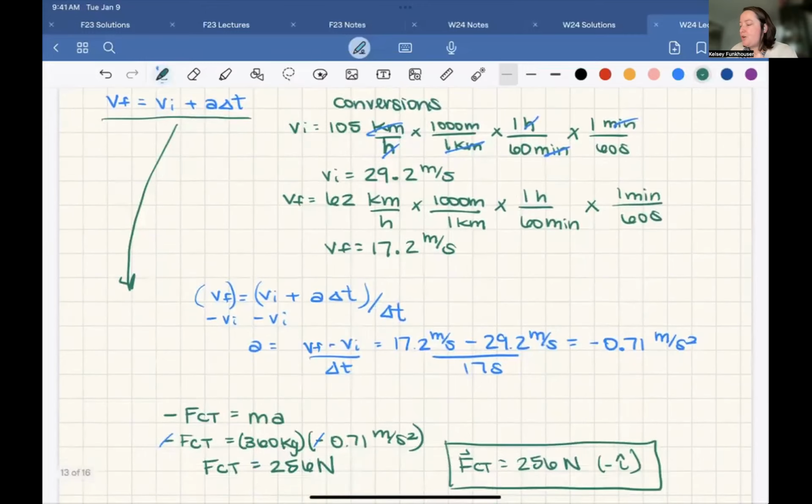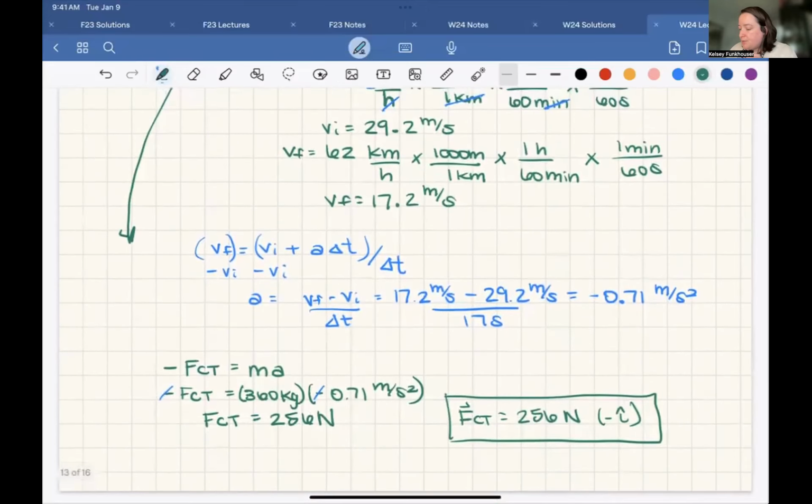And remember, you just structure your conversions so that you cancel out the units you don't want. Then we went back to our kinematics equation where we did some algebra to get an equation for acceleration. So v final minus v initial over delta t, and that gave us an acceleration of negative 0.71 meters per second squared. And then finally, we can plug that back into our force equation to find the force, which is 256 newtons in the negative x direction or negative i hat direction.